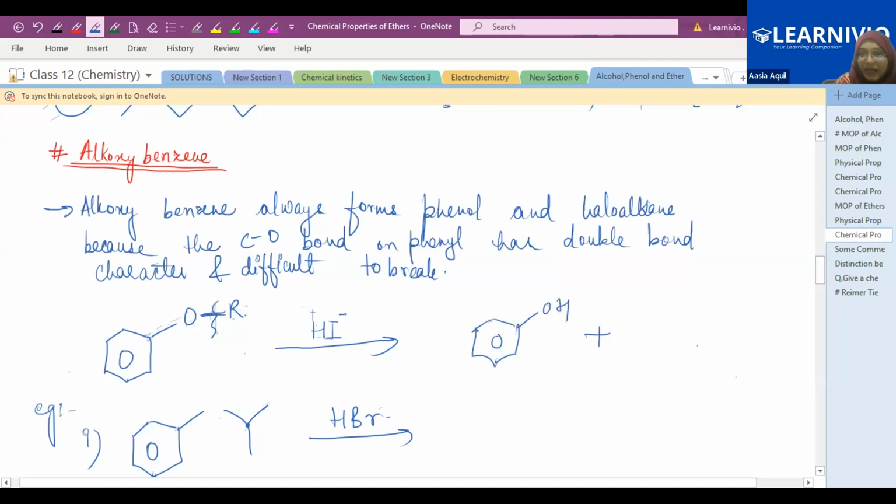Plus, this R group will be attached to the iodine and form RI. So when alkoxybenzene is given, it will always form phenol and haloalkane. And there is no confusion here because you have to break the alkyl carbon and oxygen bond, since you can't break the other bond: the oxygen is involved in the resonance and there is a partial double bond character, which is very difficult to cleave.